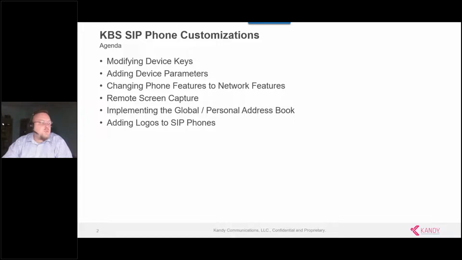And then lastly, we'll talk about adding logos to the phones. These can be largely beneficial so that the end users know who their phone vendor is, or you can even add in things like technical support information, who to contact, all of those kinds of things as logos on the phones.